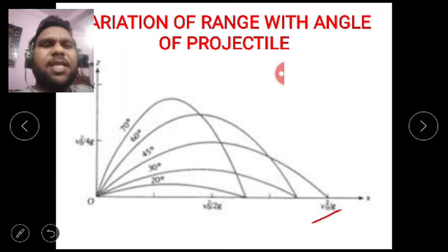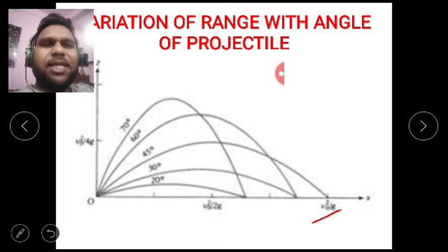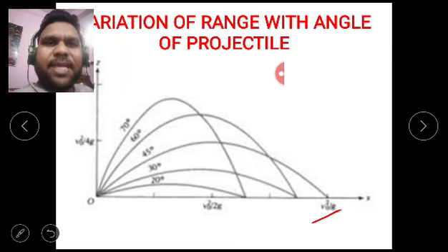In both cases, range will be the same. It can be easily derived or inferred from the formula. In other words, 20 degrees with the vertical is 70 degrees with the horizontal. That means at an angle theta and 90 minus theta, in both cases range will be the same. At 20 and 70 range will be the same, at 30 and 60 range will be the same, and at 45 range will be maximum.